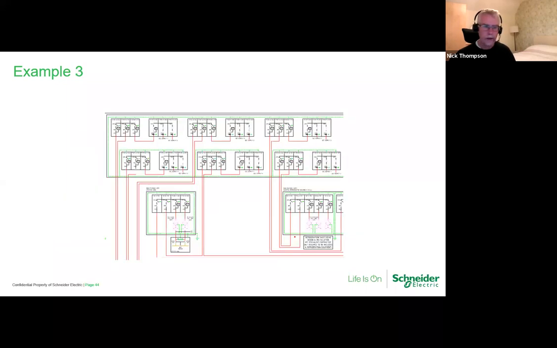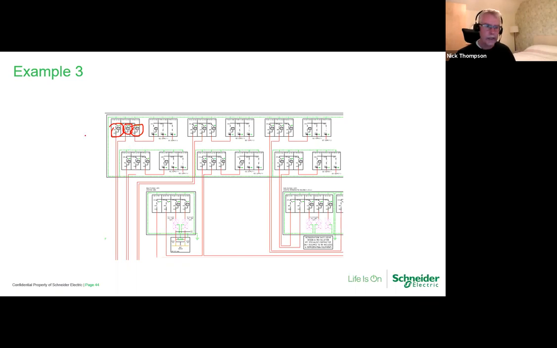Another one here I've copied from a customer's drawing, and this is showing me different network configurations. It's a small copy of a much larger site scheme, and the one thing that I am picking out on this one is we have got circuit breakers here, because that very much looks like the ANSI codes.